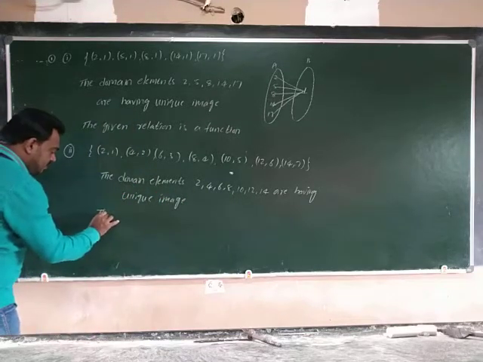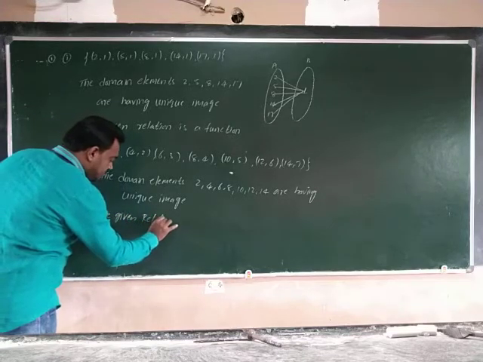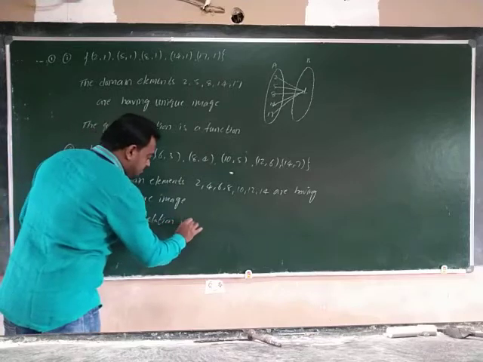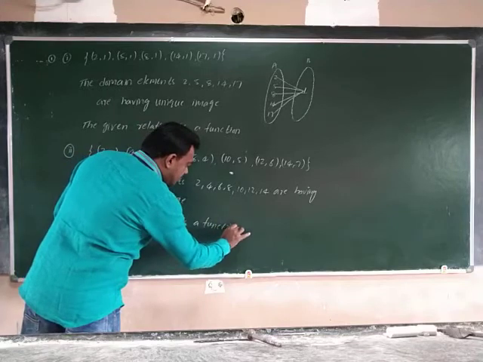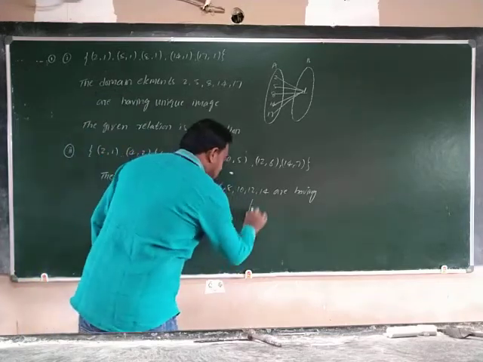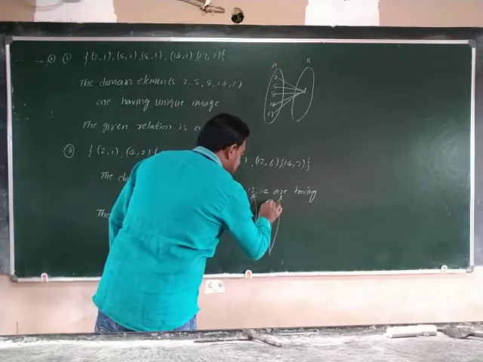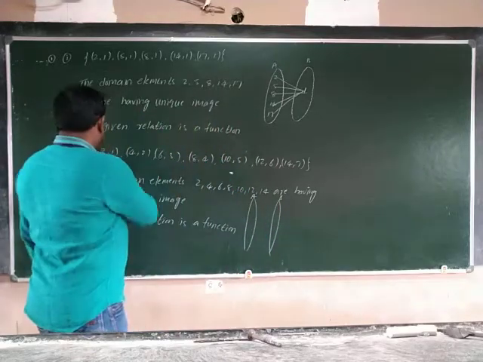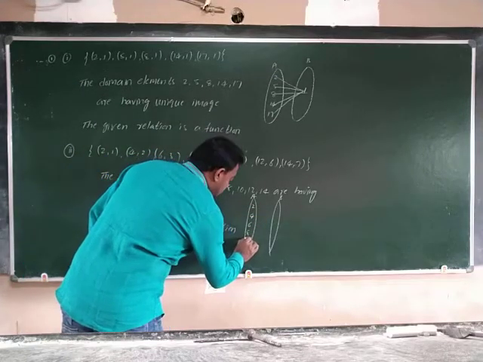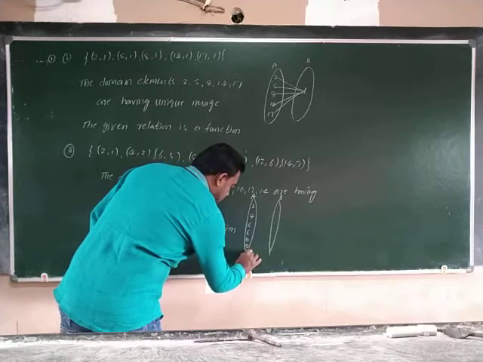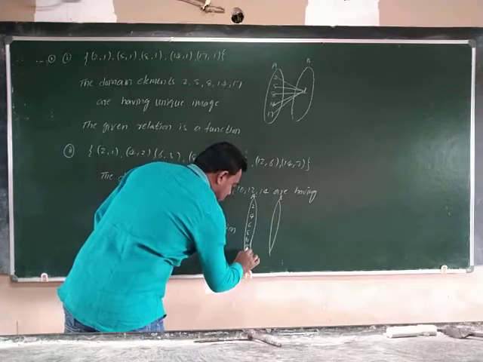So the given relation is a function. See, if you look at the arrow diagram, this is set A, this is set B. The domain elements are 2, 4, 6, 8, 10, 12, 14.